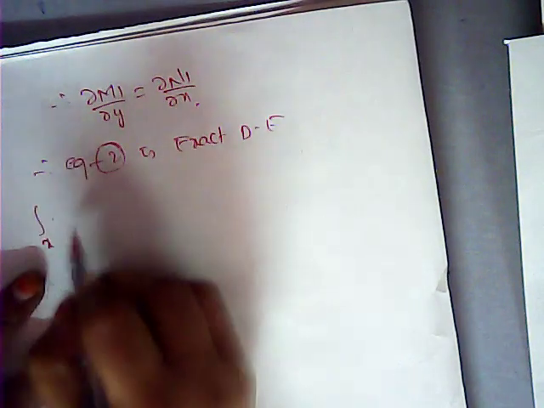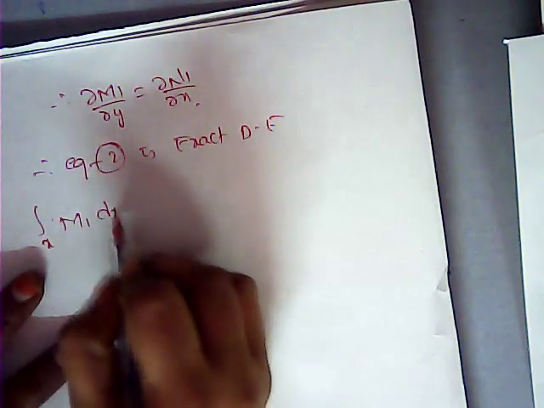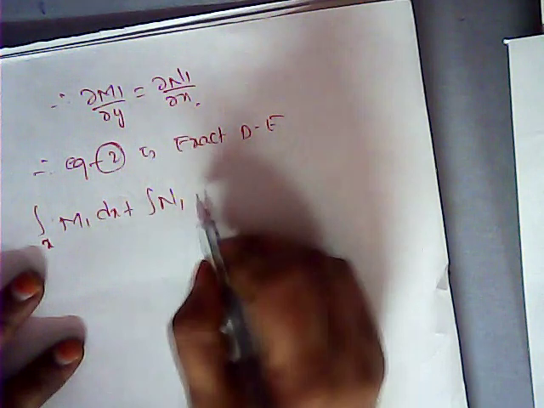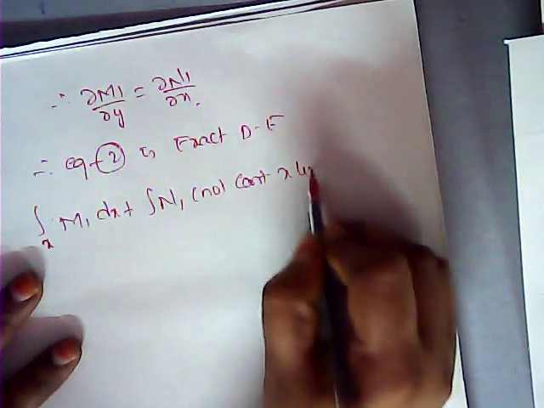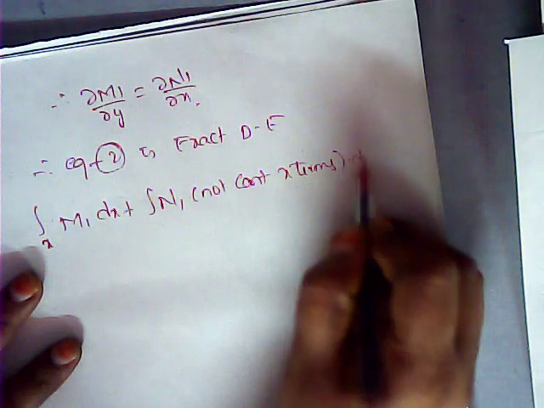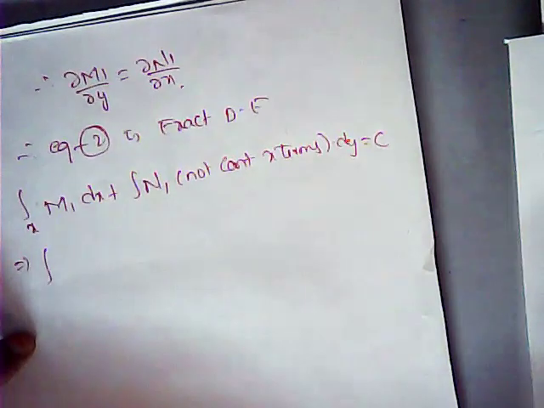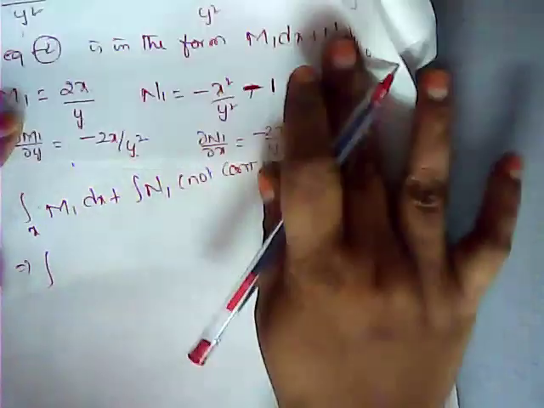Now coming to the formula: integration of m1 into dx plus integration of n1 not containing x terms, whole into dy, is equal to c. What is the m1 term here?